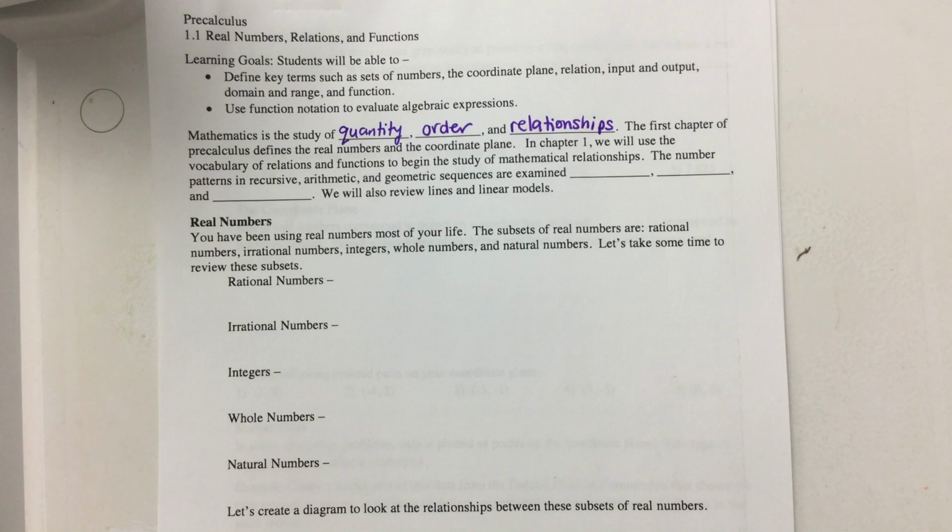This first chapter of Pre-Calculus, we're really going to define real numbers as well as take a deeper look into the coordinate plane. In Chapter 1, we will use the vocabulary of relations as well as functions to begin the study of mathematical relationships. The number patterns in recursive, arithmetic, and geometric sequences are also examined, and we will examine these three different ways.